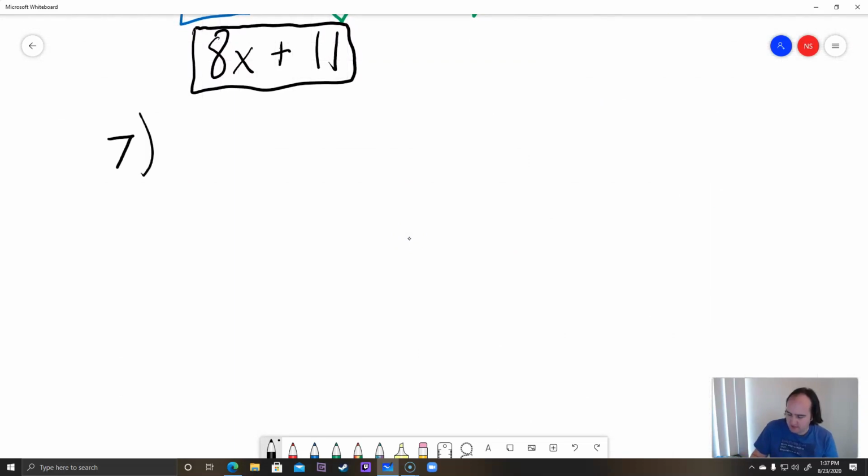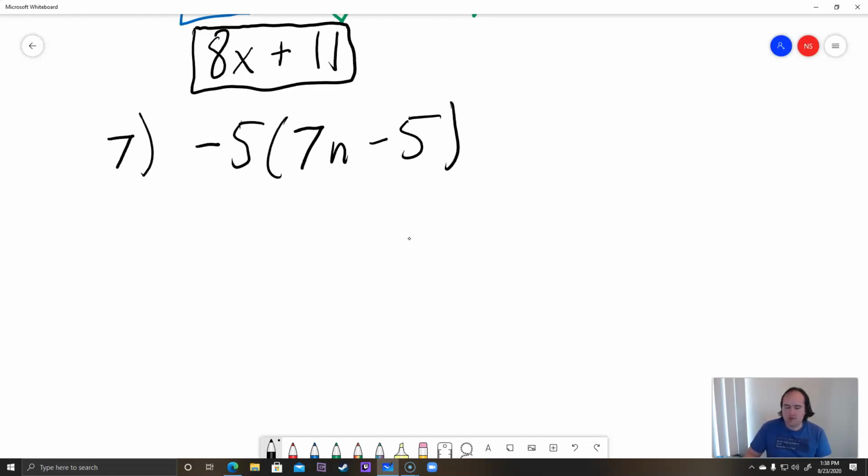For this example, we have negative 5 times the quantity 7n minus 5, and then we end our parentheses, and then we have plus 3n.